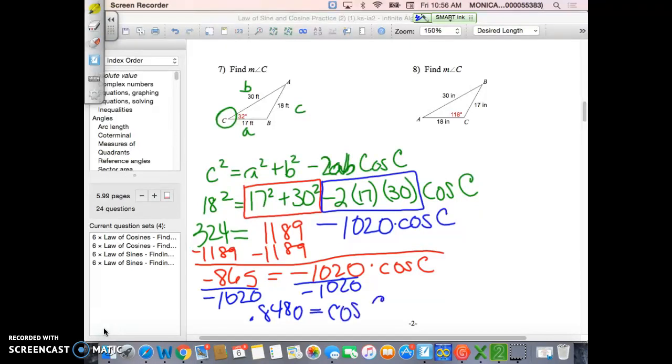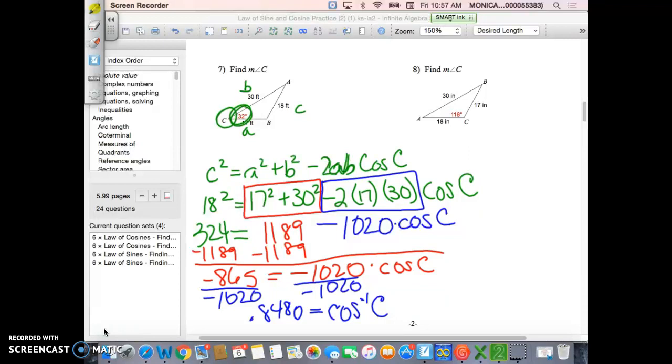And so now you should be thinking to yourself, oh, I have to do cosine to the -1 and type in these numbers. So if I hit second cosine, 0.8480, and that should be positive, I end up with 32 degrees. So that means, like it says here, this angle is 32 degrees. Okay, if you have to watch these steps again, please go ahead and do so.